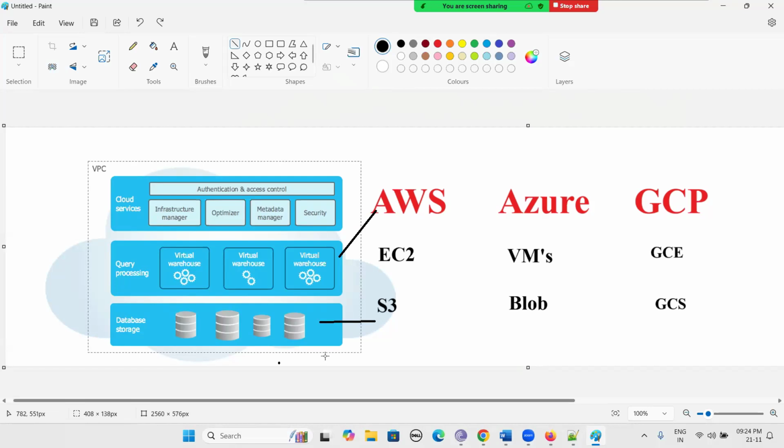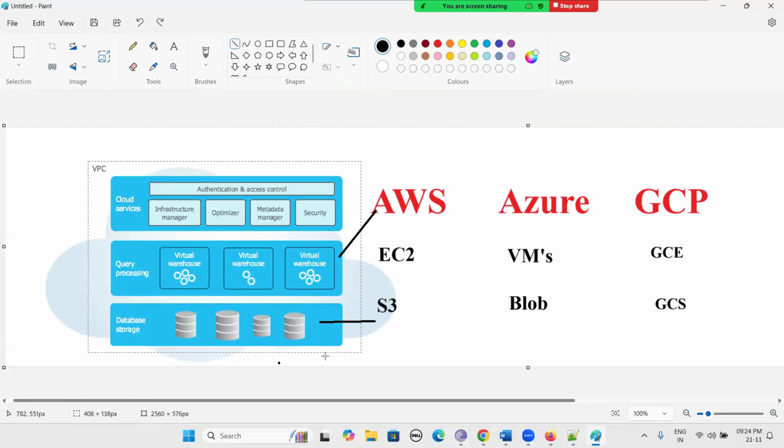To avoid that, what Snowflake introduced is a concept called virtual warehouse. You can create a virtual warehouse with the required resources. Let's say I am creating a virtual warehouse with a small size, using two EC2 instances.